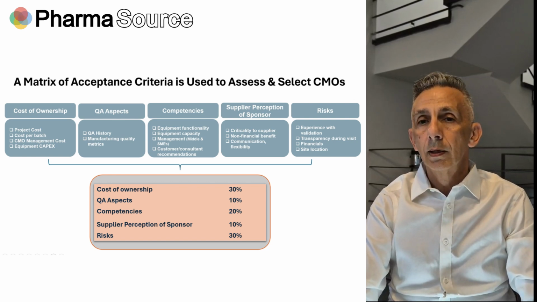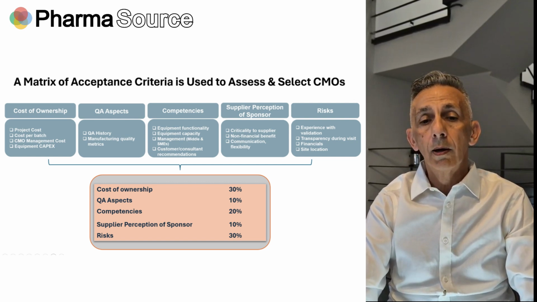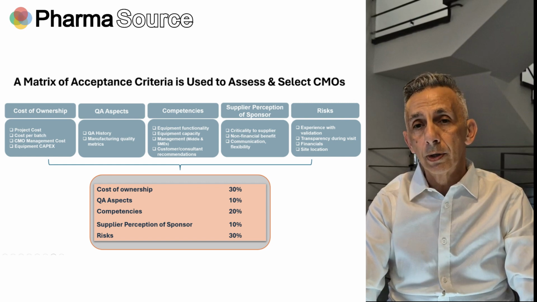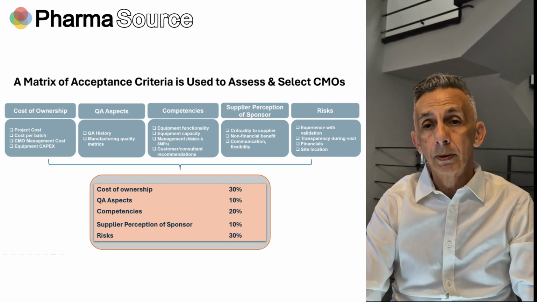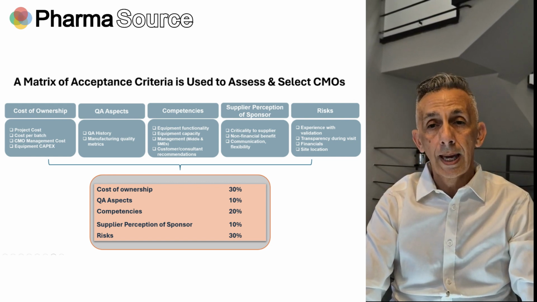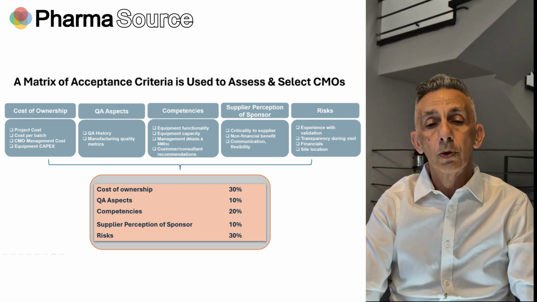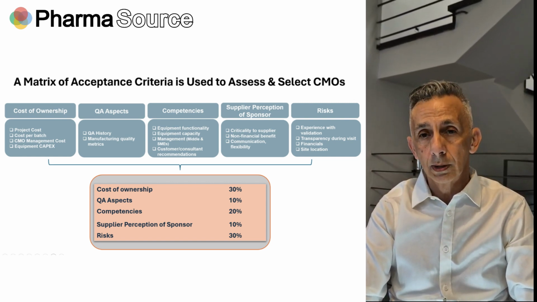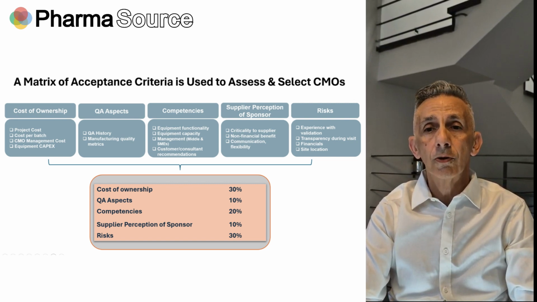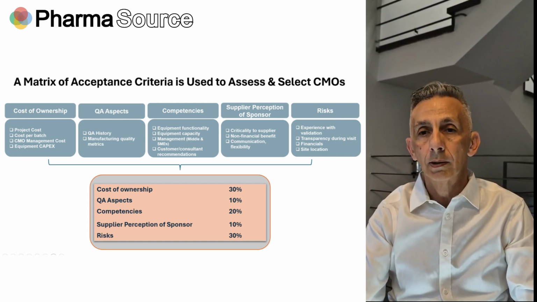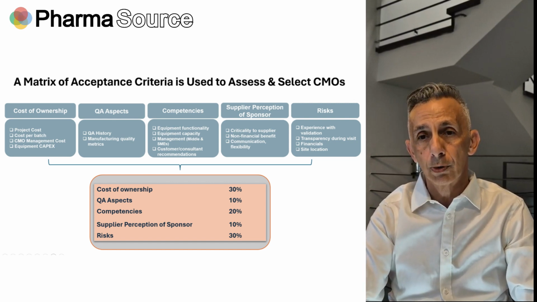We look at and compare the stability cost, and obviously if our product requires a different set of equipment, maybe there is a capex cost, and that should also be compared between different CDMOs. So those different acceptance criteria will be built in, and for each of them we will provide a weight, a certain percentage that we believe is critical for the process.